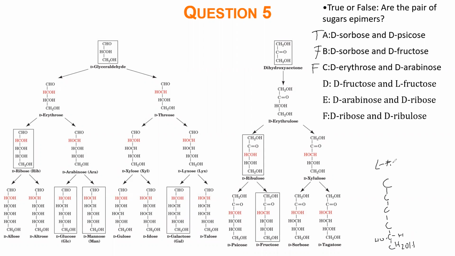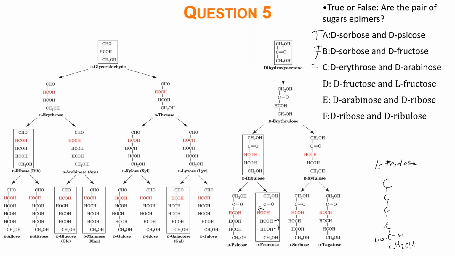So that's L-fructose. However, the one thing I didn't mention is that, well, let me take a step back. The thing that makes this fructose is that the last chiral carbon is pointing this direction. The one above it is pointing in the same direction. And the chiral carbon is pointing in the opposite direction. That's fructose.